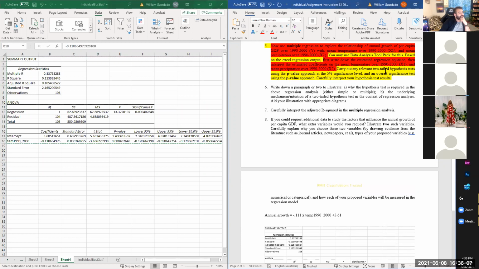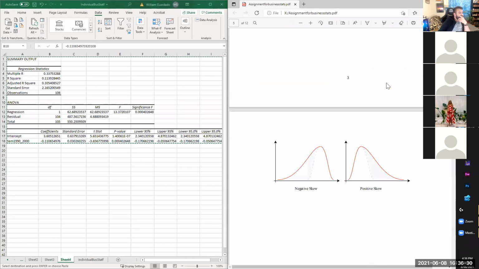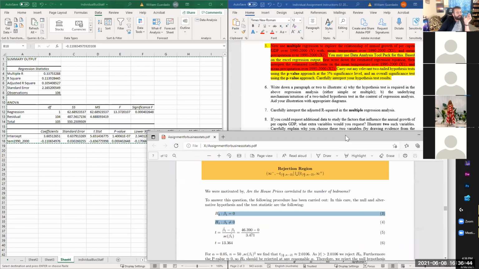Then it says carry out any two-tailed hypothesis tests using a p-value approach. The way you write this is going to look like this. It's an equality statement, so they want to know if it's different. Two-tailed means either less than or not less than.